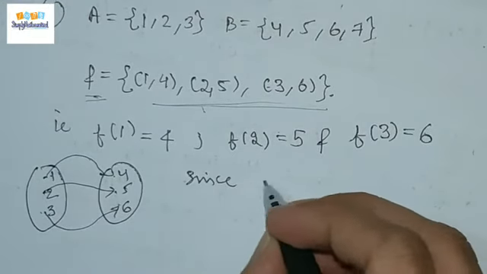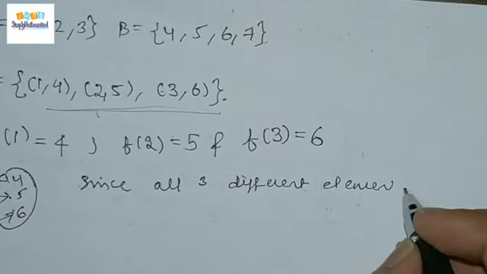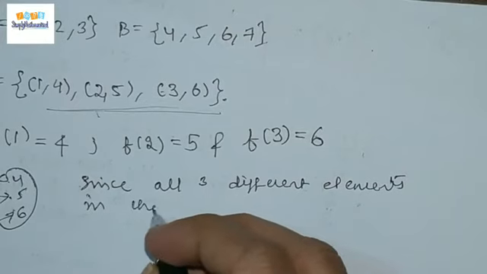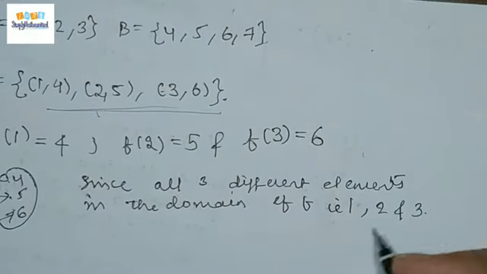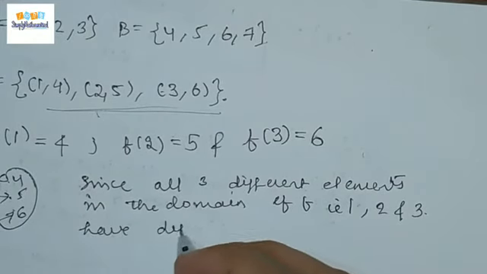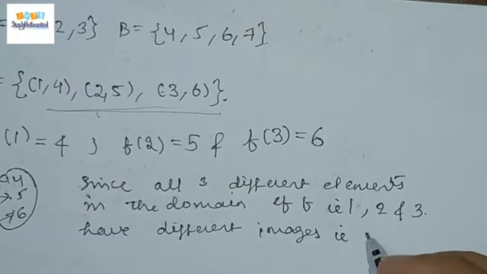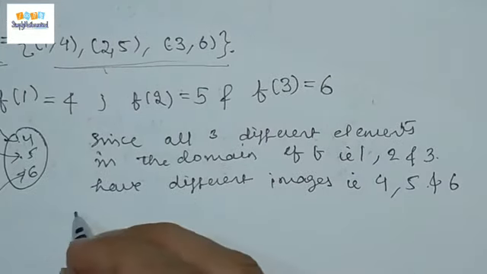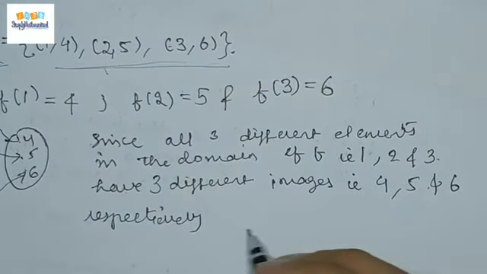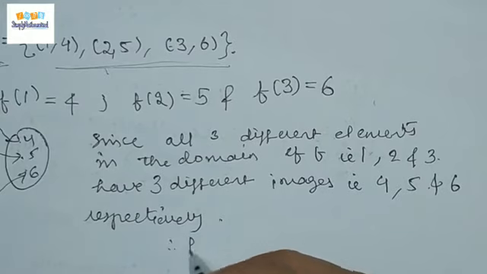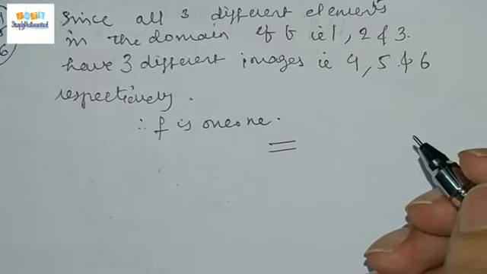So since all three different elements in the domain of f, that is 1, 2 and 3, have different images, that is 4, 5 and 6 respectively, therefore f is one-one. So that was the problem number 6.